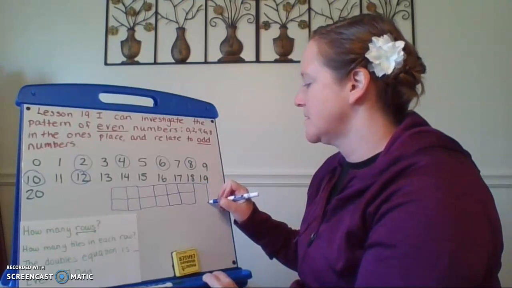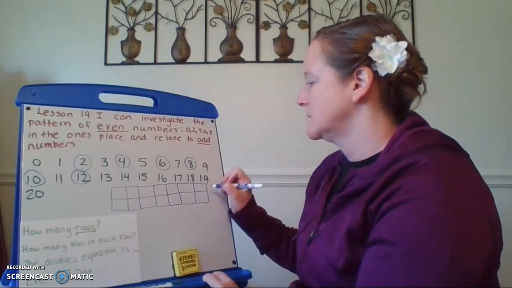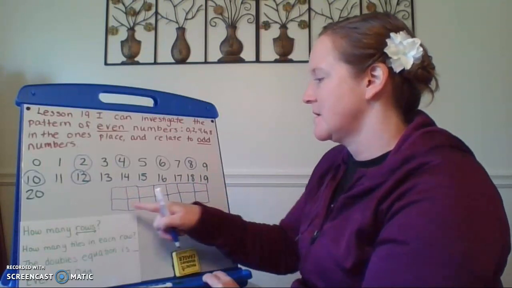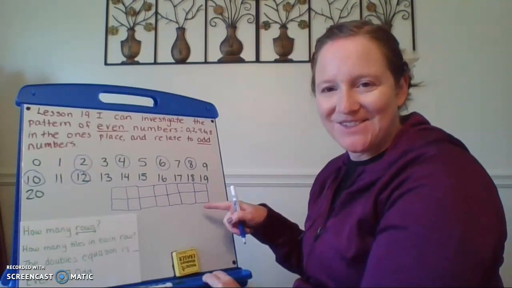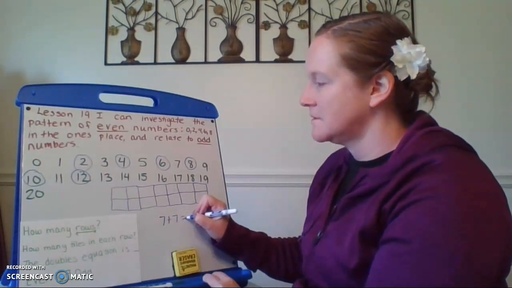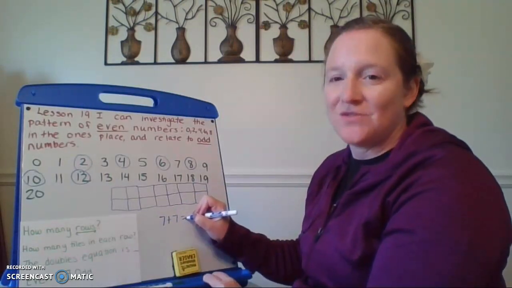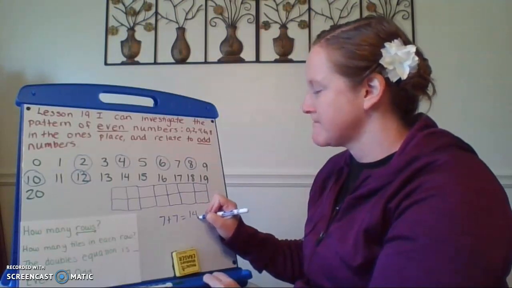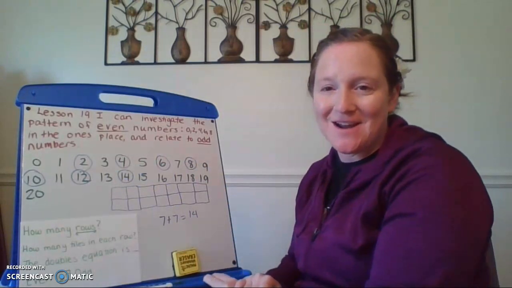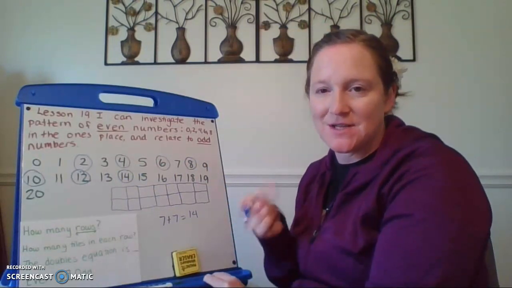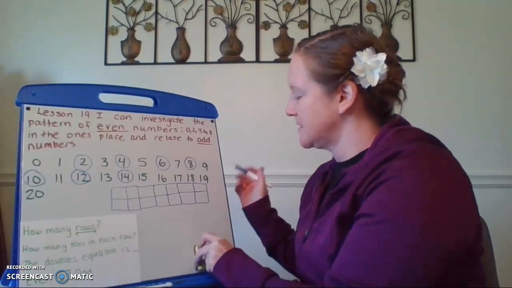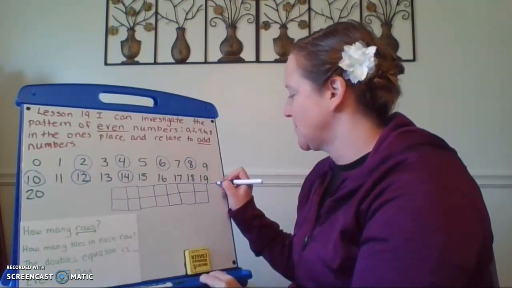Add 2 more rows. So now I have 1, 2, 3, 4, 5, 6, 7 plus 7 equals 14. Now you know why we kept quizzing you on adding, right? So that you can know those doubles facts pretty quick. Okay, that addition is really important. Let's keep going. Uh-oh, I'm running out of room.